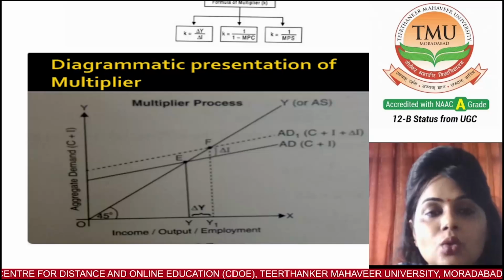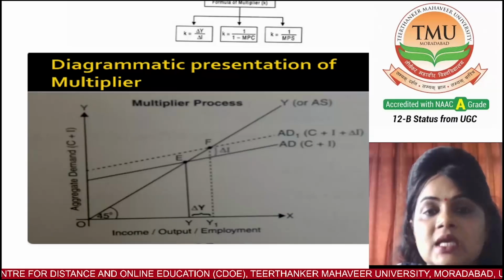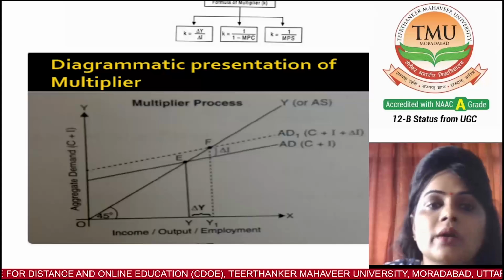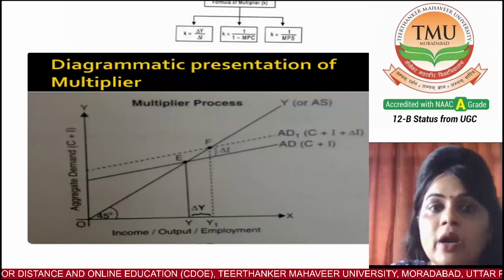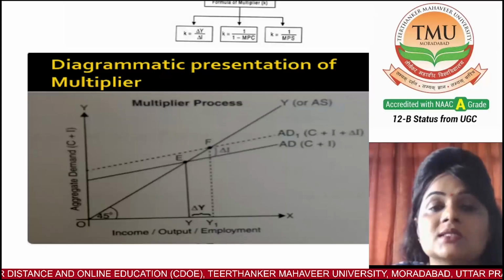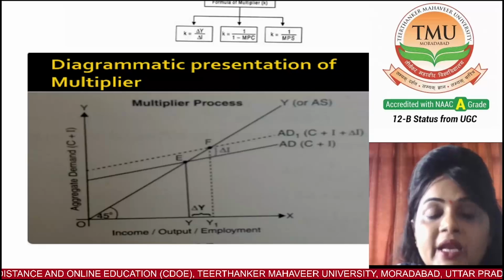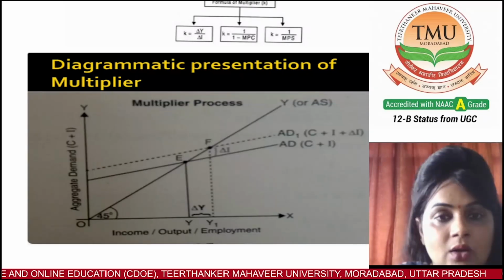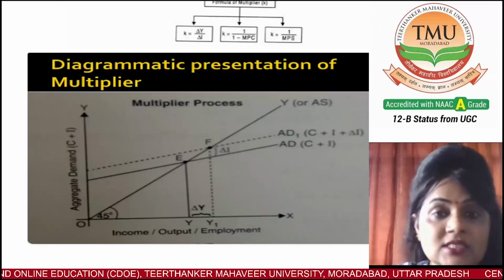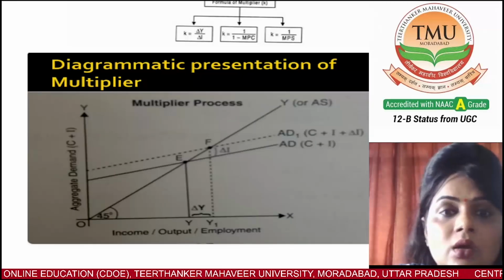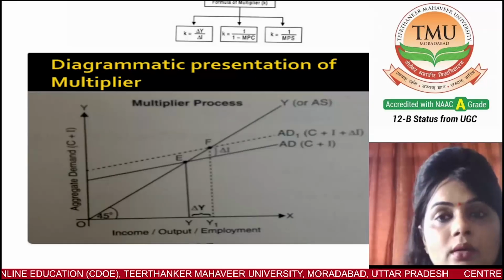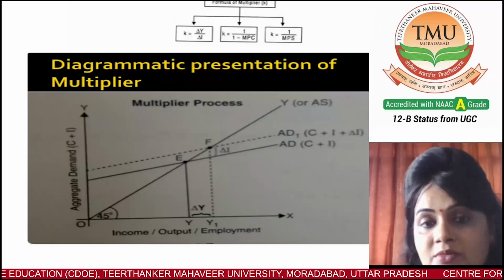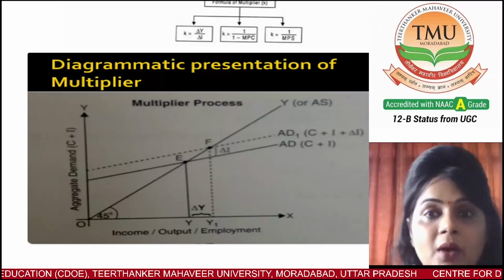If MPC is taken to be, suppose, 0.8, then those who receive this increased income spend 160 crores, or 80% of 200 crores, on consumption, and the remaining amount is saved. In the next round, 80% of the extra income of 160 crore, or 128 crore, will be spent on consumption with the remaining amount saved.